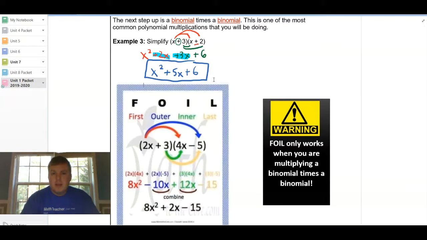But one thing to pay attention to: this only works if it's a binomial times a binomial. So both pieces have to have two terms. Otherwise, the FOIL method doesn't completely follow through. You're going to miss out on some steps. The way that we explained it from the beginning is that you are basically just distributing that first binomial to each of the pieces.